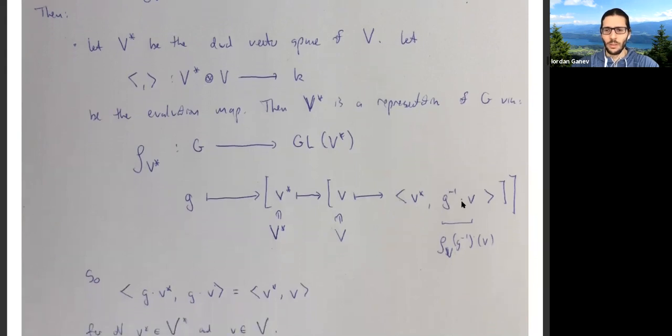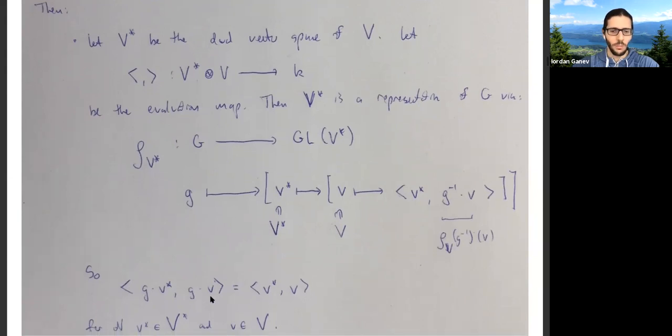And by this dot here, I mean rho V of g inverse applied to V. So the nice thing about defining it in this way is that this evaluation map becomes a G invariant map. If you translate both V and V dual, a linear functional, by G, then you get the same thing when you evaluate as if you had just evaluated to start with.